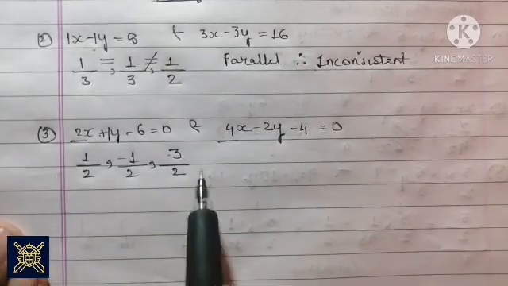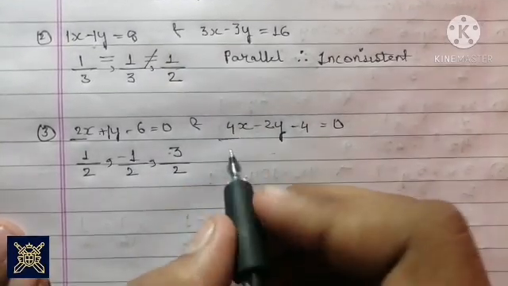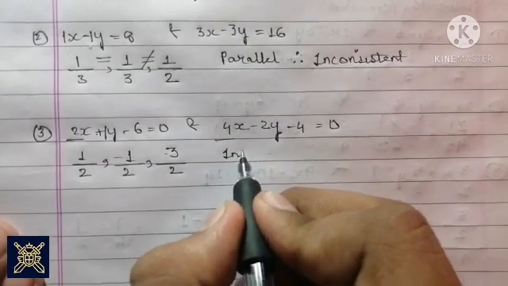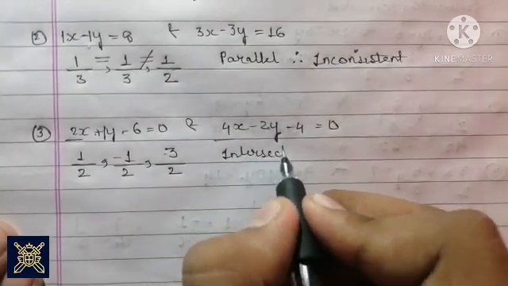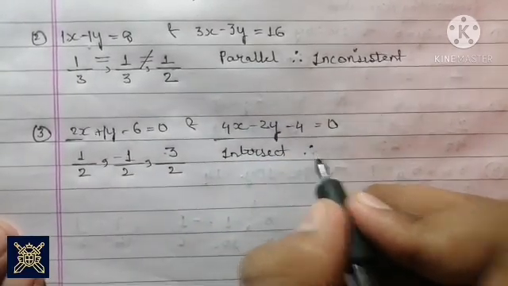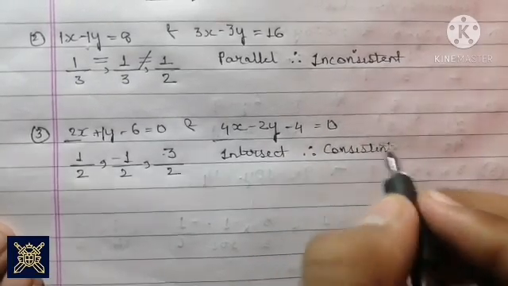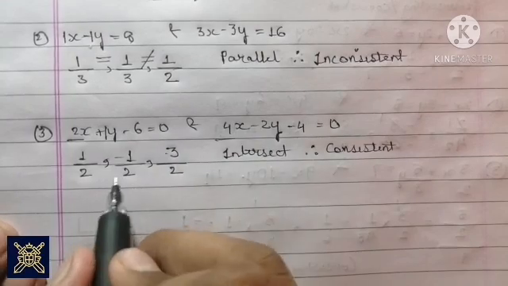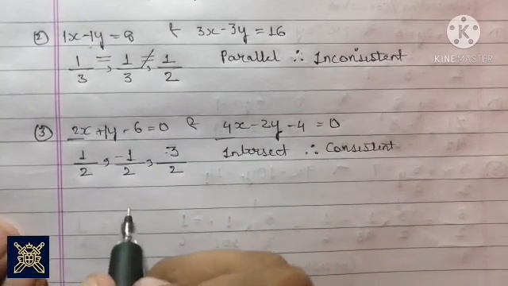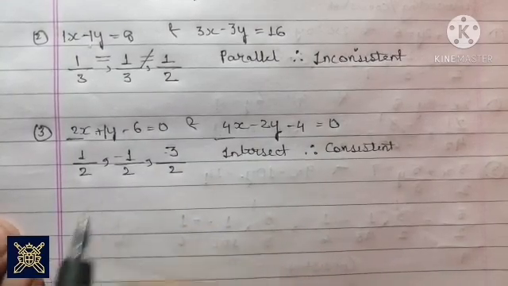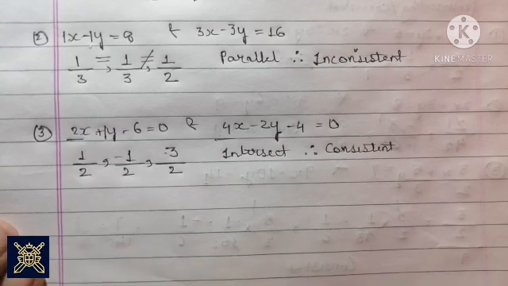As you can see, none of them are equal, therefore these lines intersect, and lines that intersect each other are consistent. Now using these two equations, you will get the coordinates as I have shown you in exercise 3.1, and using those coordinates you will make the graph.